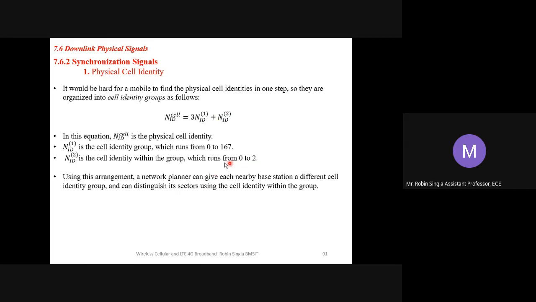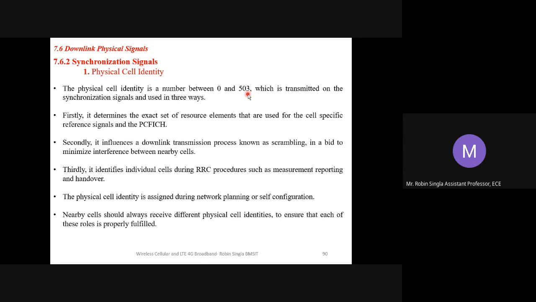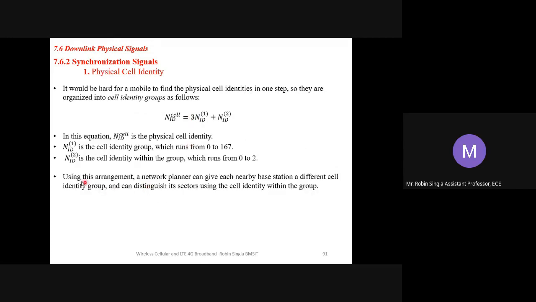So that the cell identity will run from 0 to 503. Using this arrangement, a network planner can give nearby base stations a different cell identity group and can distinguish its sectors using the cell identity within the group.